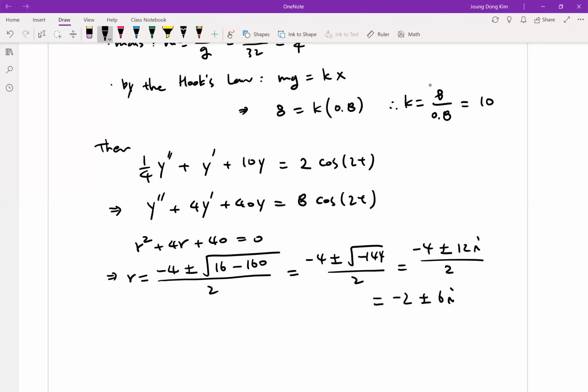Since the solution of the characteristic equation has real and imaginary parts, my fundamental set of solutions will be an exponential function part and a trigonometric function part as well.